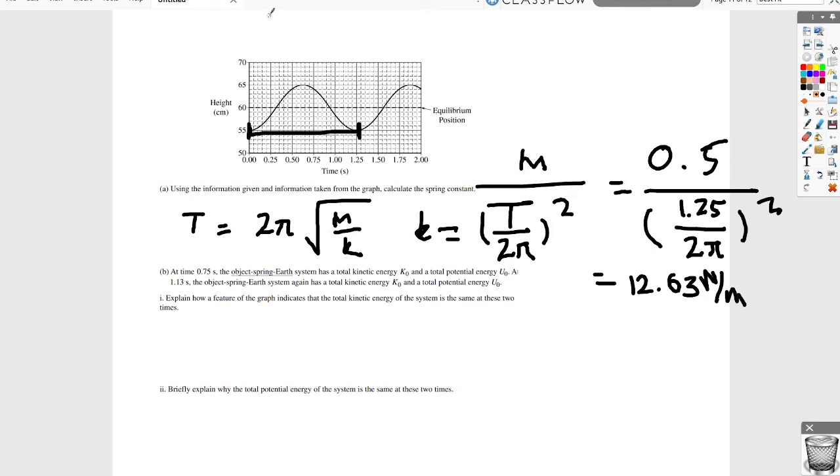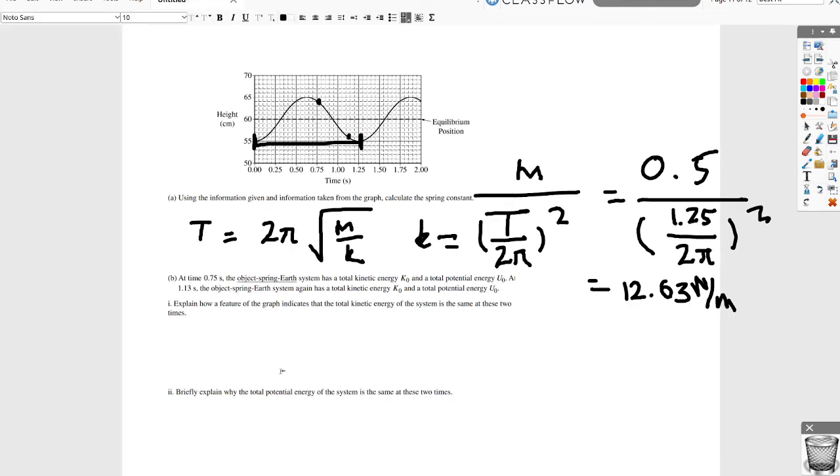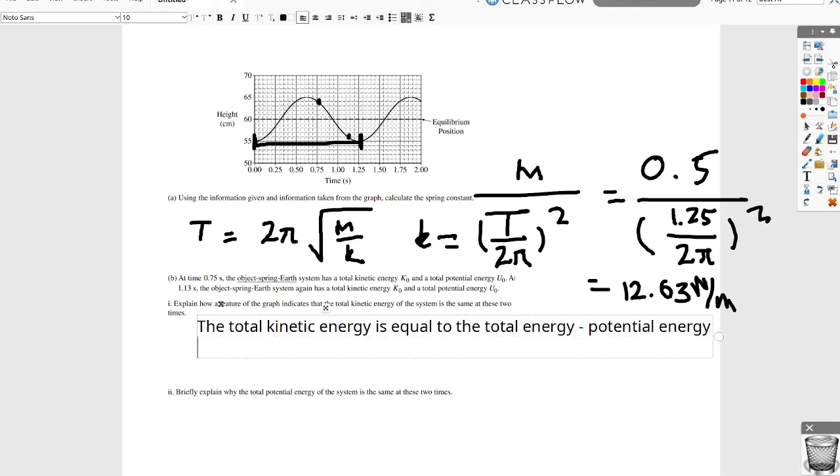So 0.75 is about right here, and 1.13 is about right here. The kinetic energy is equal to the total energy minus the potential energy. Total energy is always constant.